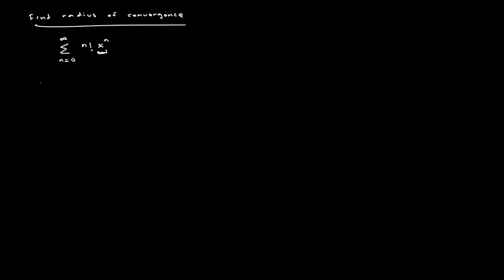So, limit as n tends towards infinity of n factorial times x to the power of n. We can break this up into multiple cases. Whenever we're dealing with an exponential function, the exponential function can have different behaviors depending on what x is.